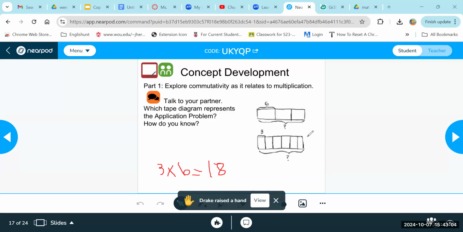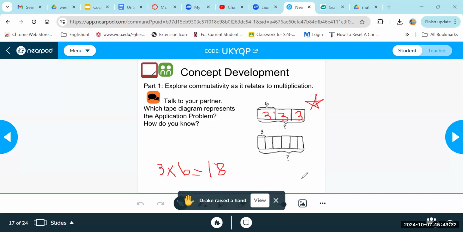And then if we flip-flopped it, it would be okay because in multiplication, the order does not matter. We're going to get the same answer. So this is an example of the commutative property, right? We could have 6 groups with 3 in each group, right? So this one would represent the application problem.